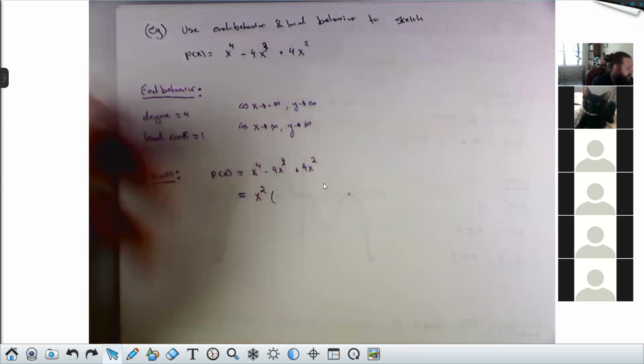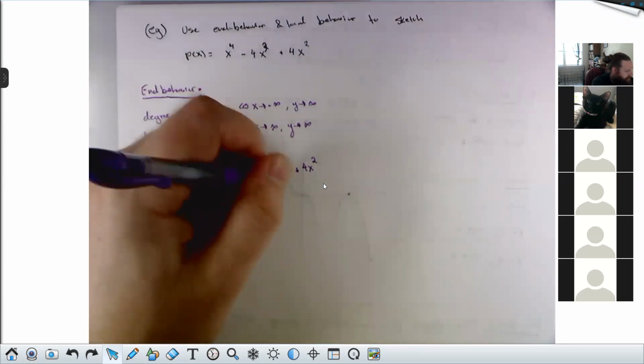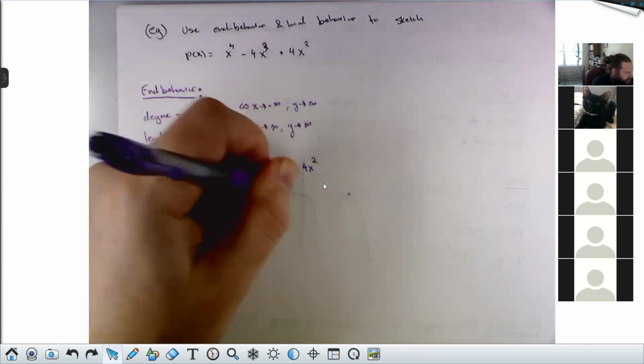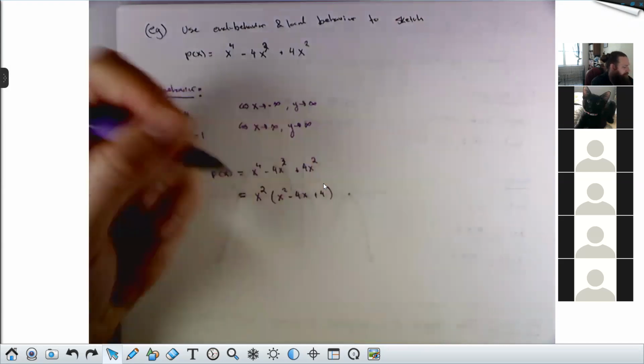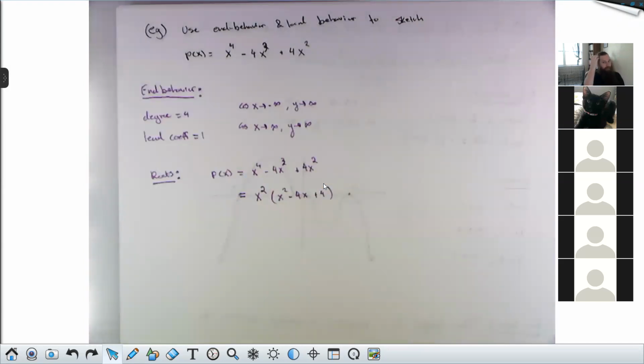So first I need to factor. And when I factor out an x squared, this will become x squared minus 4x plus 4. Can I factor this any further? Does x squared minus 4x plus 4 factor?